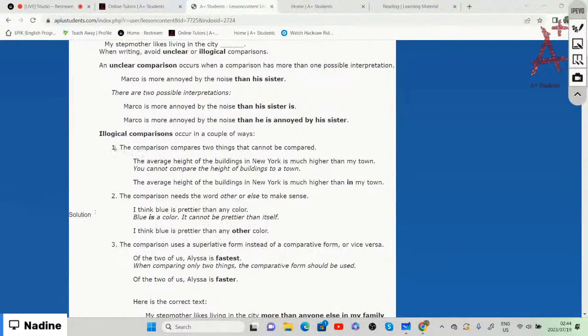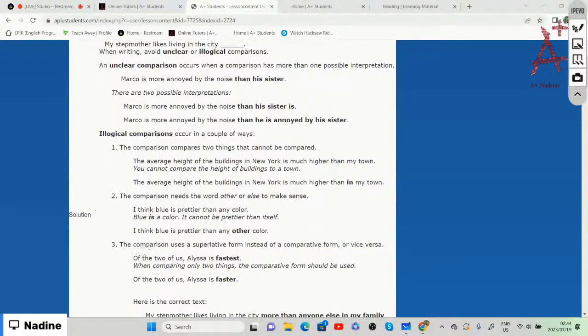So it is an illogical comparison, right? When the comparison needs the words other or else to make sense. So if you just say, I think blue is prettier than any color, instead of saying any other color, then clearly that comparison is not making sense. It's not logical.